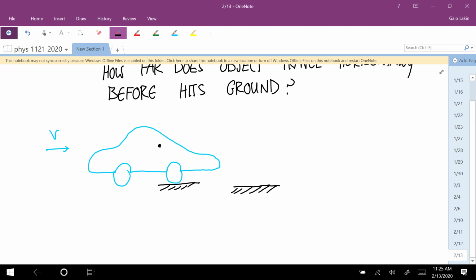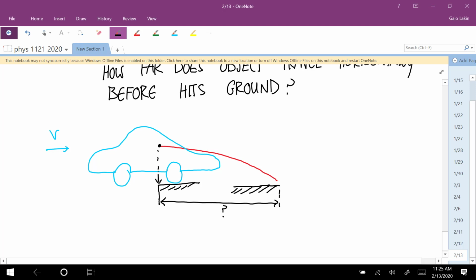So it's going to be moving horizontally with the speed v. And it's going to travel along a parabolic path because it's in free fall. And we're looking for the horizontal distance here, and this distance is h.